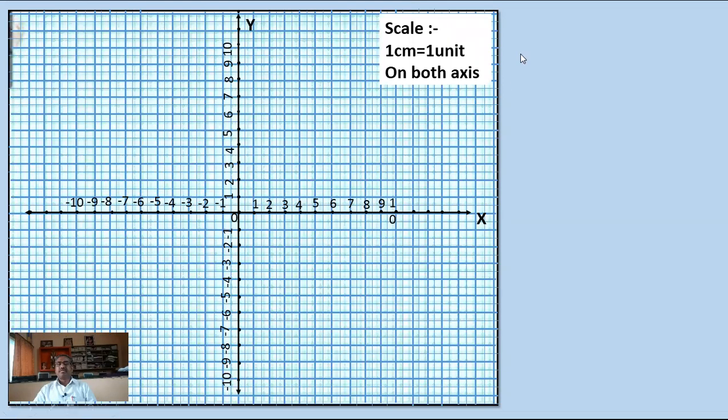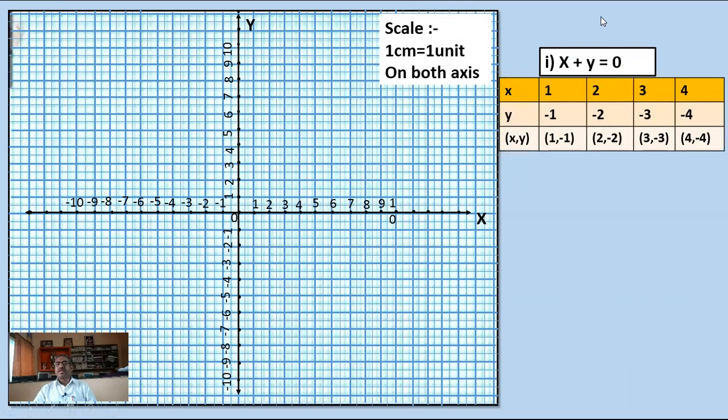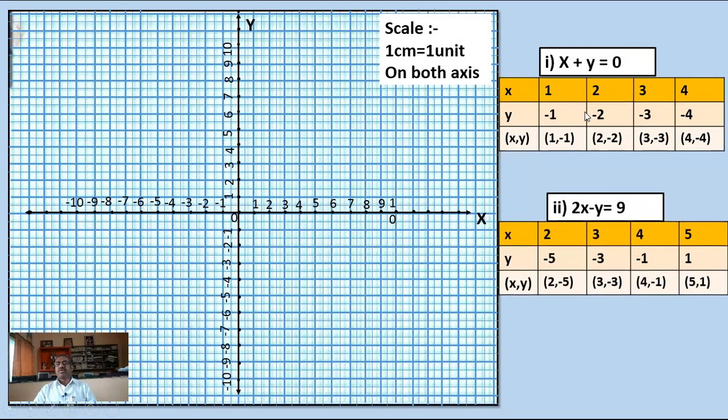This is the graph. x plus y is equal to 0 and 2x minus y is equal to 9, the given simultaneous equations. To plot the coordinate points for x plus y is equal to 0, first is (1, -1). Second coordinate point is (2, -2), x coordinate 2, y coordinate minus 2.